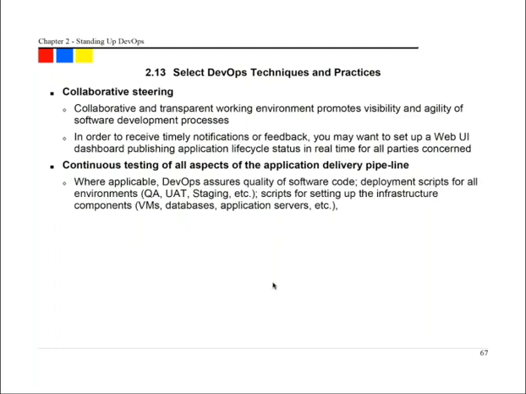One of those things that's an absolutely critical technique, practice, is continuous testing of all aspects of the application delivery pipeline. Okay, this one should be underlined and extra bolded and have little fireworks going off around it.